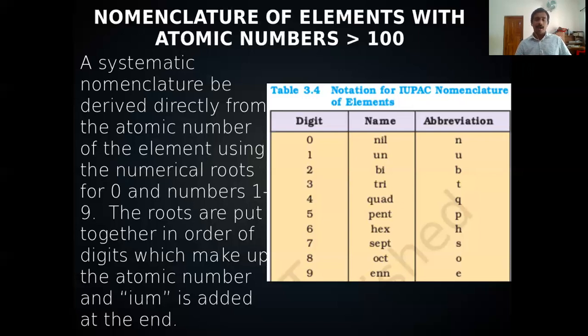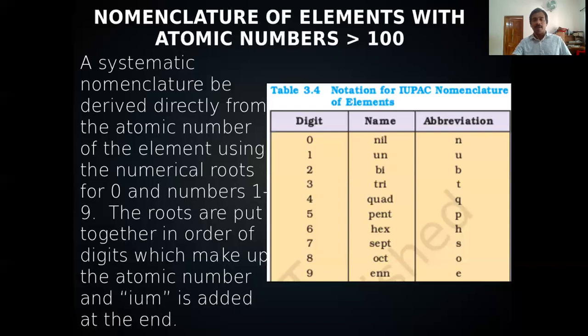Therefore, the name unnilium, 100. And if it is 101, unnilunium. If it is 102, unnilbium. That is the name.